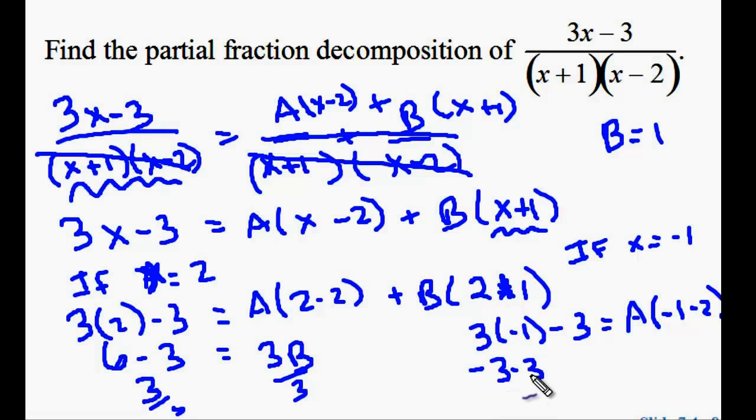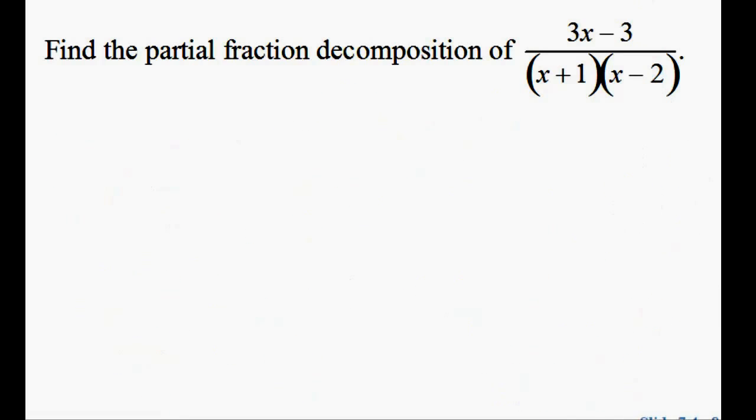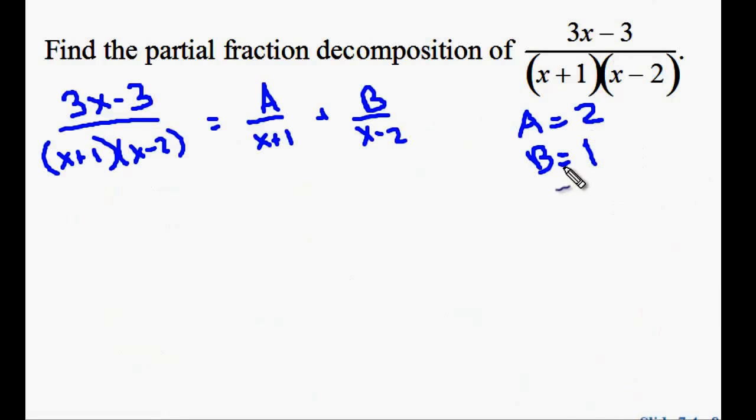We get -3 - 3 = A times -3, so -6 = -3A. Divide through by -3, and we get A = 2. So clearing up a bit, we have A = 2 and B = 1. So the answer to this is 2 over (x + 1) plus 1 over (x - 2).